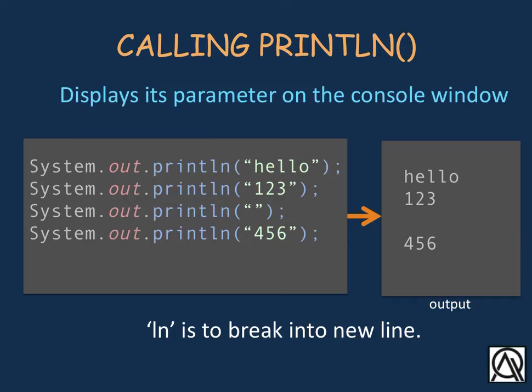But remember, ln is to break to a new line. So the output for everything that you write in println starts from a new line and breaks to a new line.